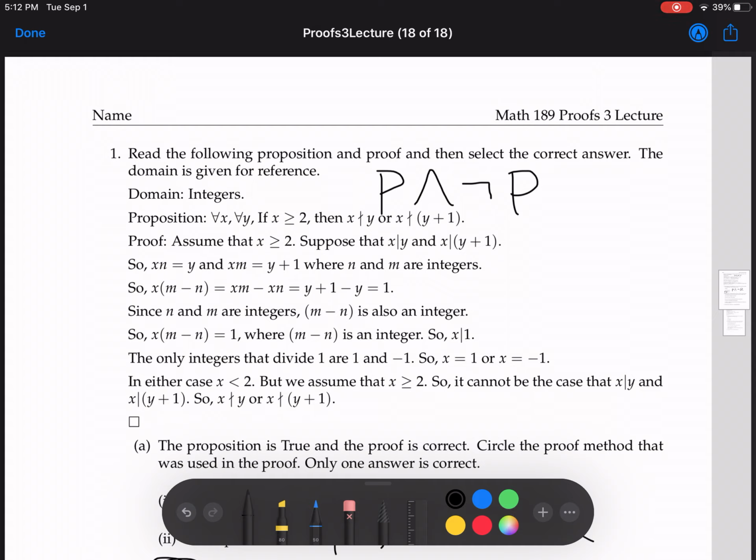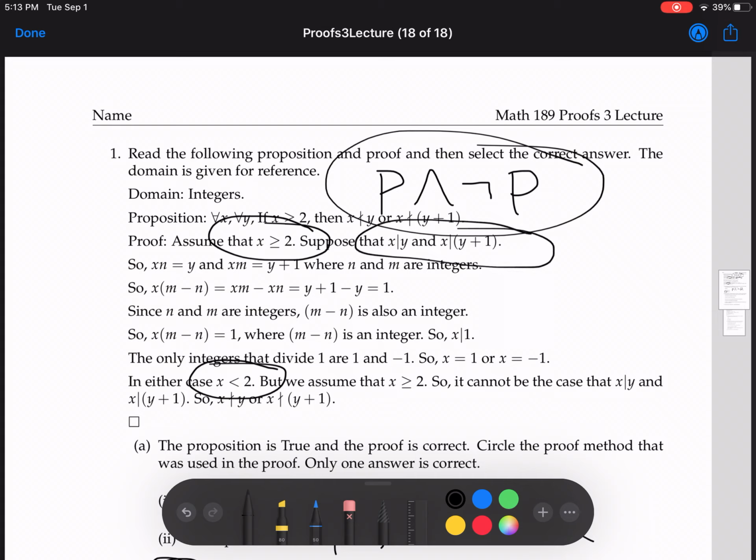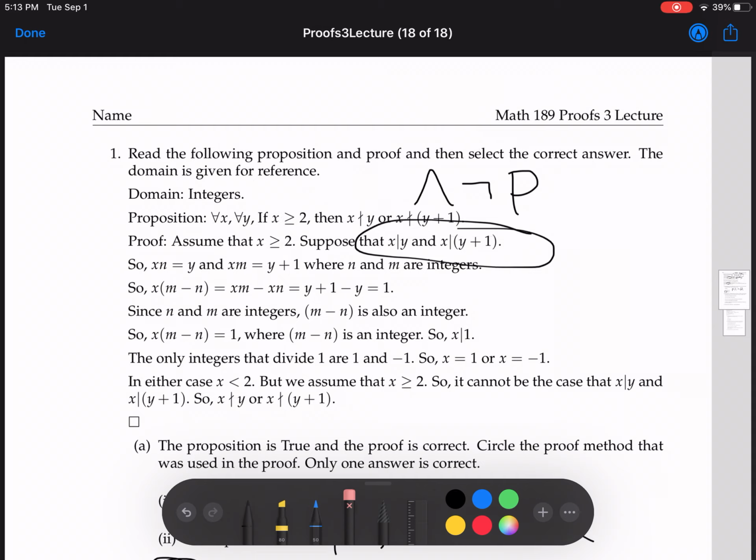If P is false, then not P is true. False and true is false. This will always be false. And so we have P and not P. So it must be that our assumption, not Q, is false. Therefore, Q must be true.